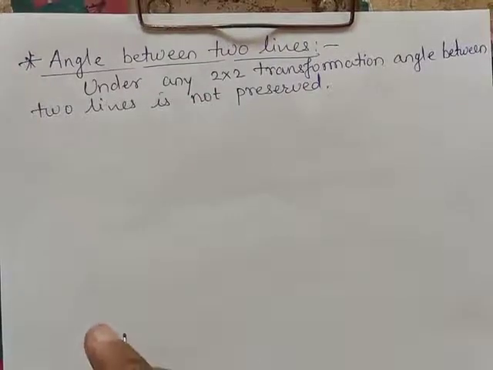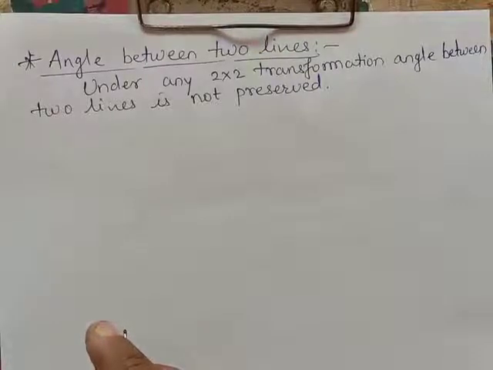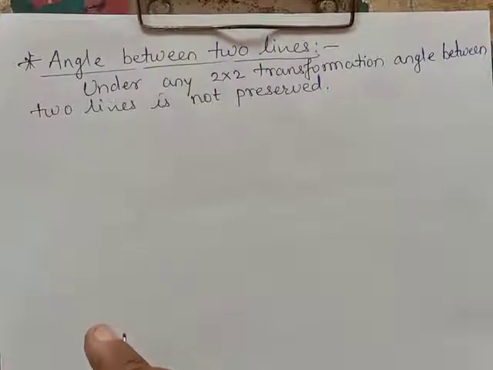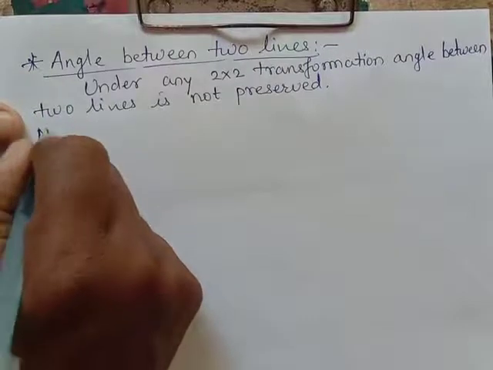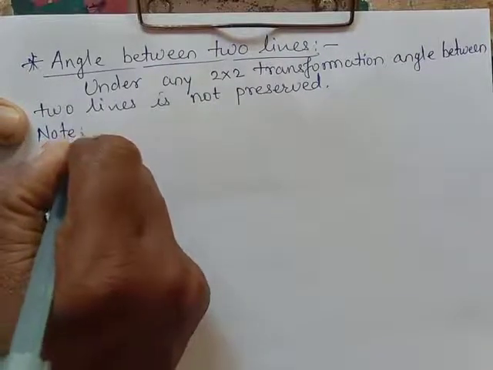If L1, L2 are two lines transformed to lines L1 star, L2 star, and the angle between L1, L2 is theta, then it is not necessary that the angle between L1 star and L2 star is also theta. It is not required. So let's write a few notes here.